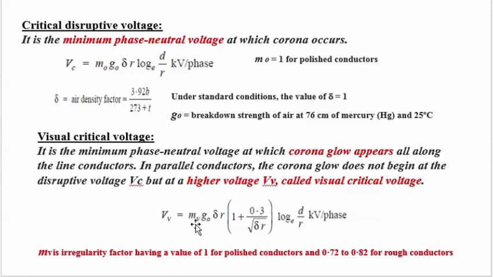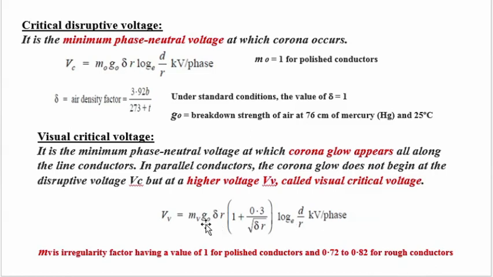Here mv is the irregularity factor, and it has a value of 1 for polished conductors, and the value reduces to 0.72 or 0.82 if conductors are rough.